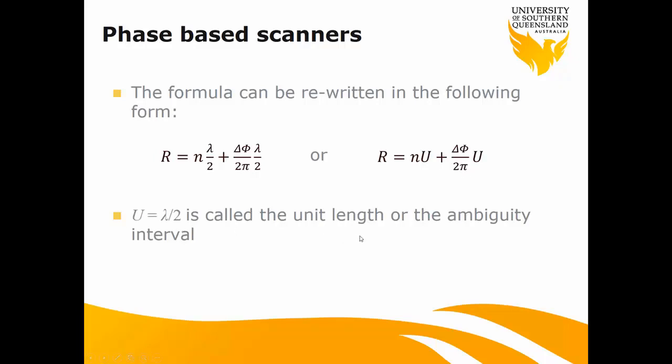U is the unit length, which is half of the wavelength. We also call this the ambiguity interval. And this one we call the ambiguity number, and this one is the ambiguity interval.